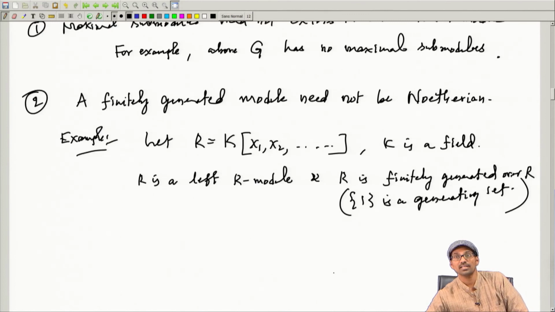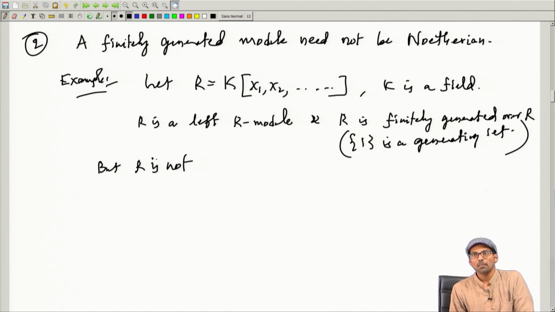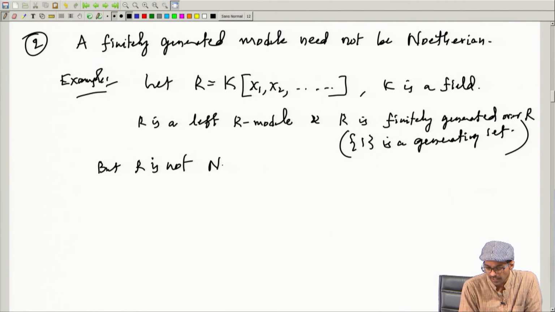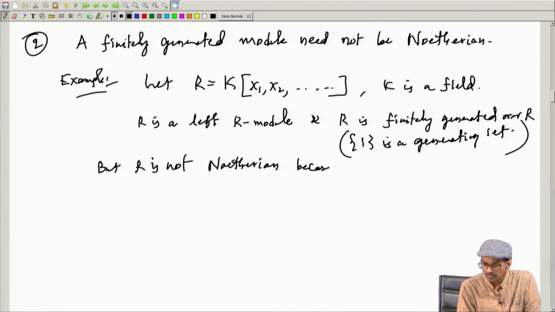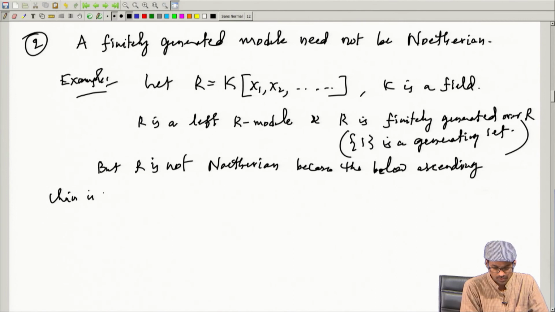So, therefore, it is finitely generated, but this R is not Noetherian, because the below ascending chain is non-stationary.